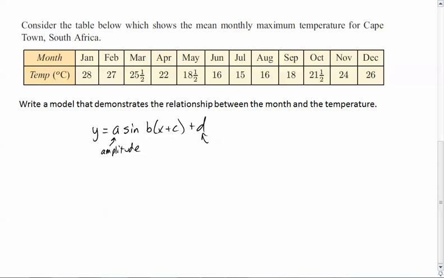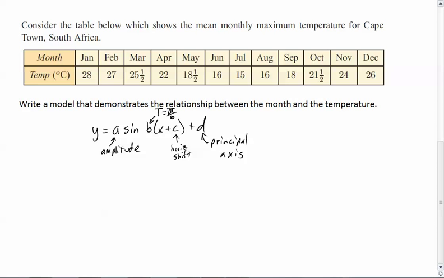This is the principal axis. Now this is the third time you're getting this, and so you should have figured this out by now. The B is not the period, but it is related to it. Period equals 2 pi over B. And then the C is just whatever we need to do to get that horizontal shift where it needs to be.